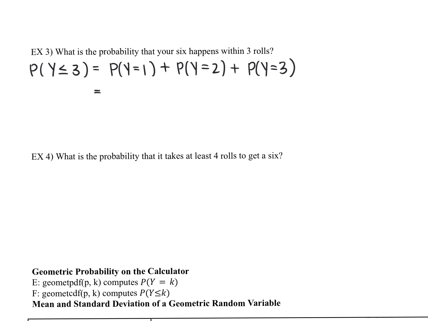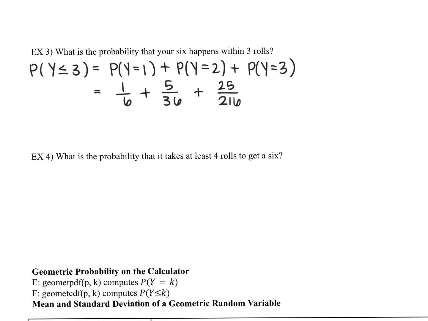We already know the probability it happens on the first roll, which is 1/6. We also know the probability it happens on the second roll. That was 5 over 36. And we also calculated the probability it happens on the third roll, which was 25 over 216.